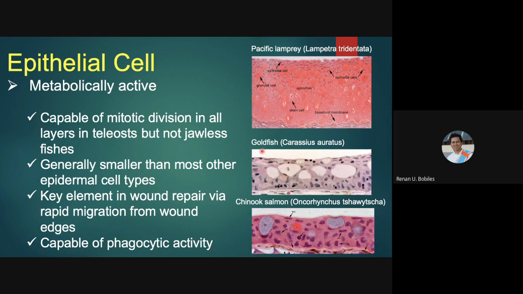And also, it is capable of phagocytic activity. So, third year na kayo, there's no need for me to explain what is a phagocytic activity. Phagocytes. Okay? I'm sure na-discuss na yan sa lower biology nyo. Okay? The phagocytes.